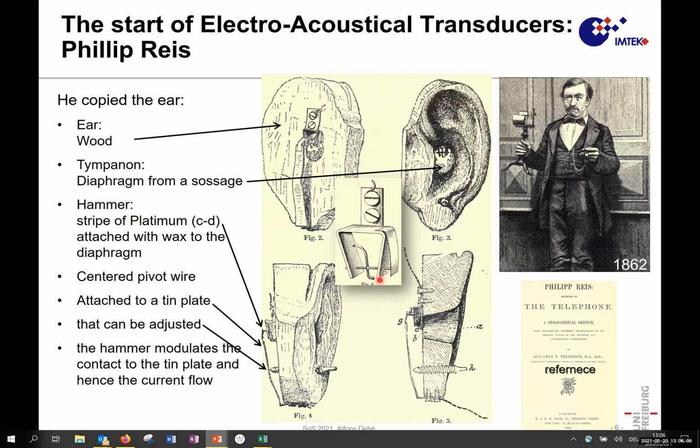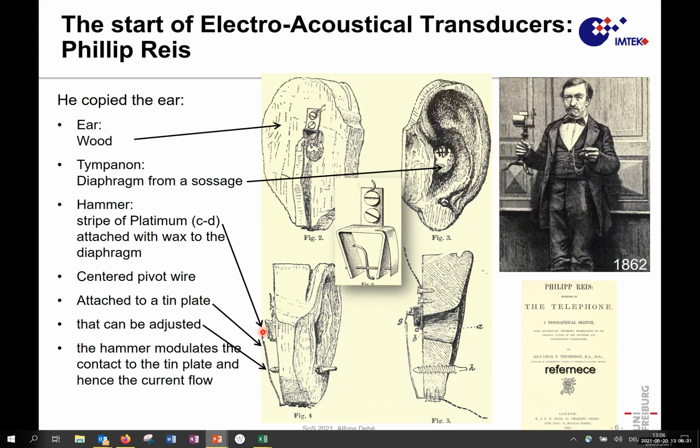So one tip is connected to the diaphragm with wax. And then if the diaphragm is moving, it is transferring the movement outwards with this metallic device. So then the end of this wire is simply touching the end of another metal piece.